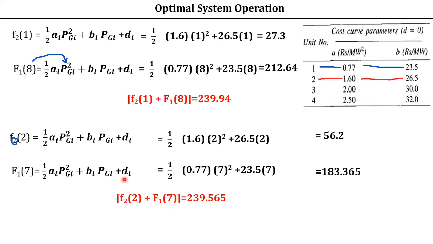I think the fourth combination will be f2 of 3 plus capital F1 of 6. I think earlier I said 4, if I am right. If it is 4, then I am wrong. So the fourth combination will be F2 of 3 plus F1 of 6. Now recalculate it and check.